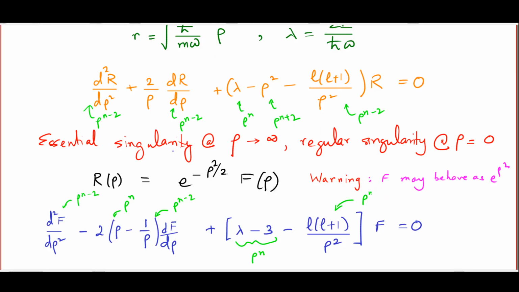And as a result, when you try to move the powers back to the same value, you will end up with coefficients Cn plus 2 and Cn being related to each other. A standard two-term recursion relation which will make life a lot easier in the long run. So this is the equation which we would much rather handle using a power series or power series like method rather than this original equation that you had for capital R.